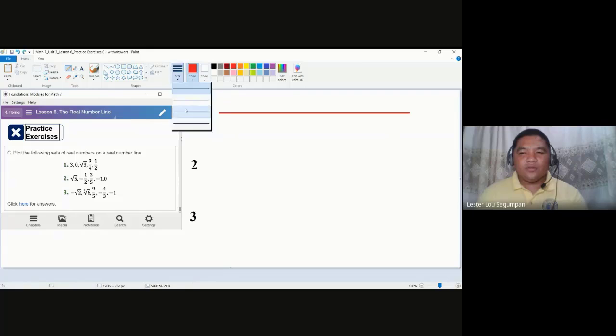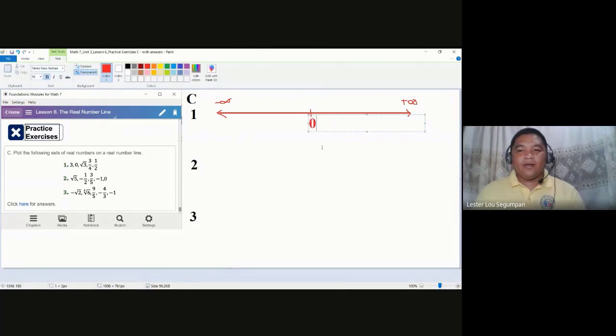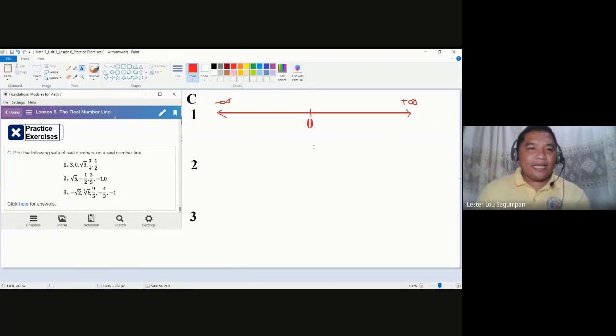As you go to the right, you have the positive infinity, and as you go to the left, you have the negative infinity. The middle of the real number line is the only non-negative and non-positive number, which is 0. And we can scale all of this depending on the need of the situation.